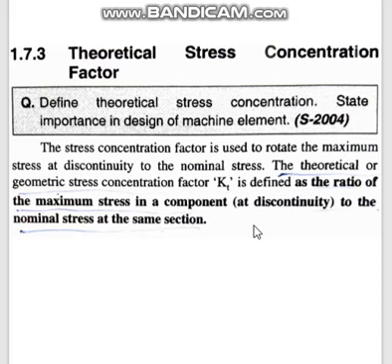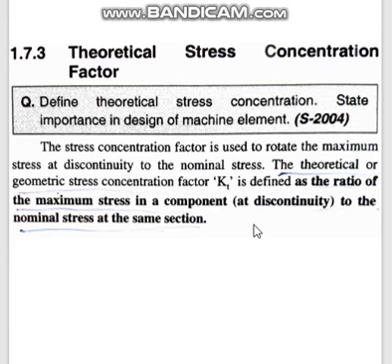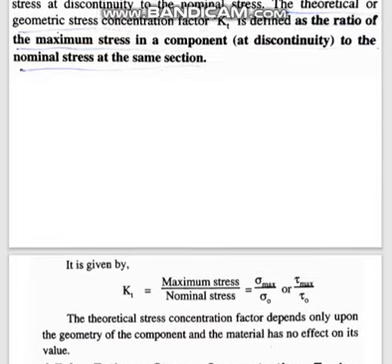That means, if there was no defect or hole there, what would have been the stress? If you move away from that hole to some distant place, that is called the nominal stress. So this ratio is called the theoretical stress concentration factor.